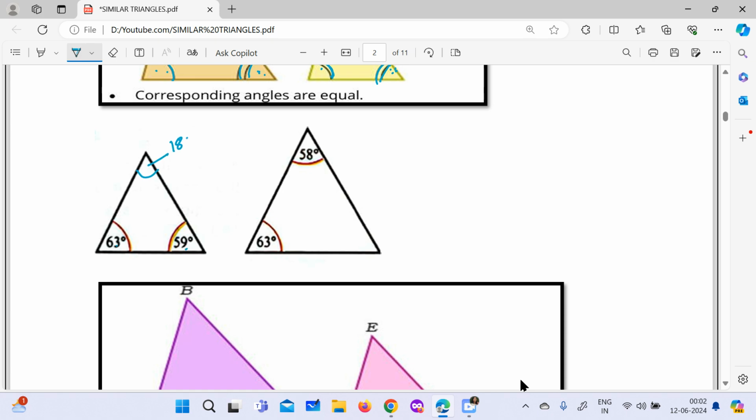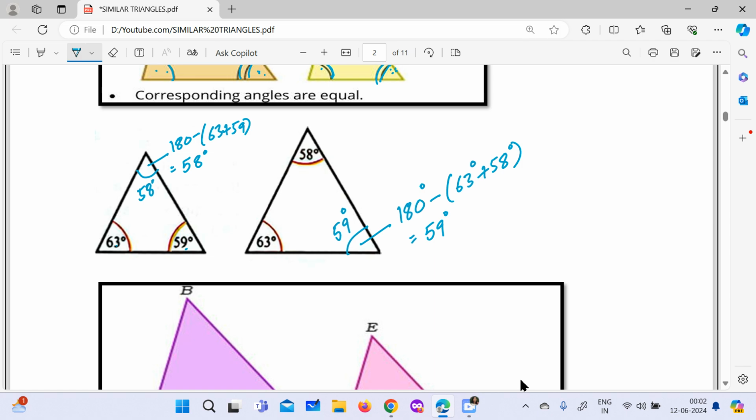It will be 180 minus 63 plus 59, and then you get this is equal to 58 degrees. So this is 58 degrees. And now we will look for this angle as well. Here it will be 180 degrees minus 63 degrees plus 58 degrees, and that will give you 59 degrees.